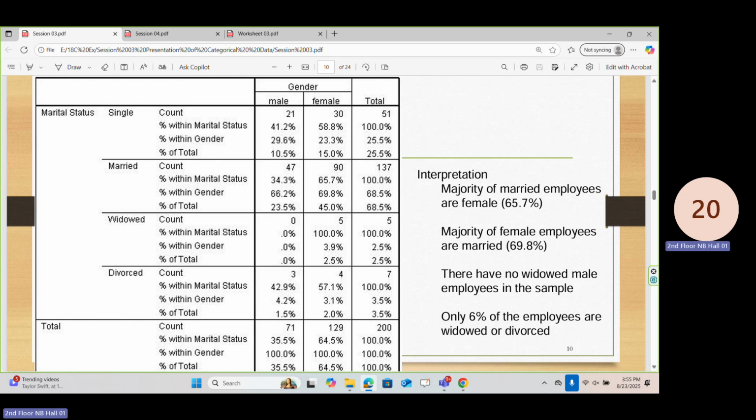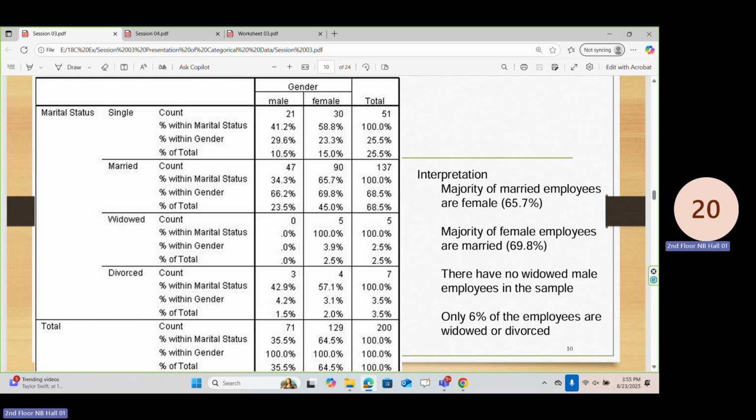These are the conclusions we can make in here. Majority of married employees. Then married employees, then majority are female. It's true, no? Okay, then we can say majority of married employees are female. Okay, the next one. Majority of female employees are married. Then we take female category.